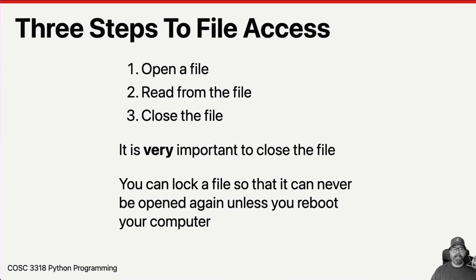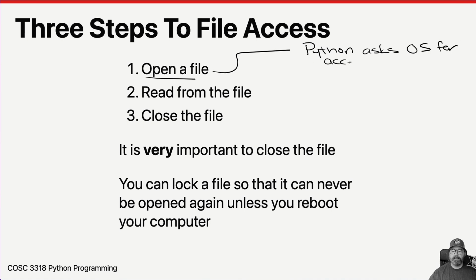Now I want to just take a little bit of a deeper look here. When we open a file here, what happens is Python asks the operating system, asks OS, for access to the file. And the reason it has to do this is, remember, who owns files and file systems? That's the operating system. The operating system checks permissions. It checks to make sure that you can do it, okay?